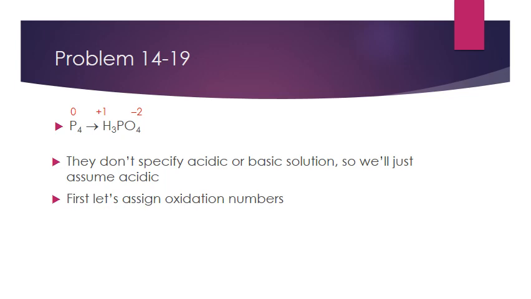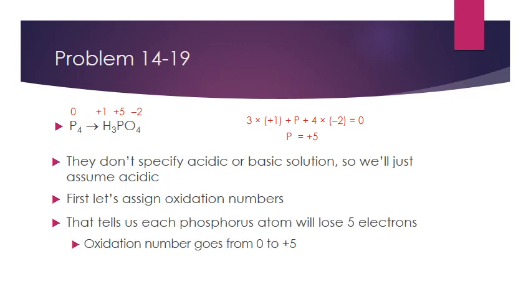So we're going to have to do a little algebra to figure out what the oxidation number for the phosphorus is. We have 3 times the +1 of hydrogen, plus phosphorus's oxidation number, plus 4 times -2 for the oxygen. That all adds up to 0. When I do that algebra, P equals +5. My oxidation number for phosphorus, +5. That tells us that each phosphorus atom is losing 5 electrons, going from a 0 oxidation state to +5.